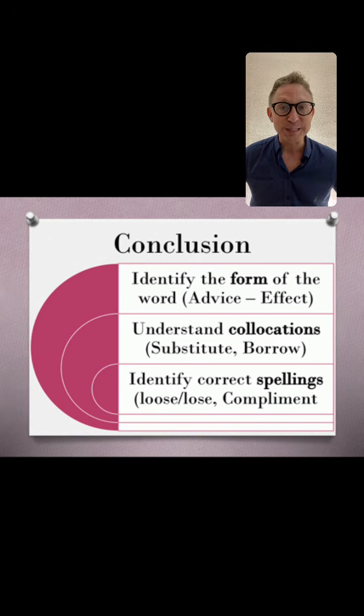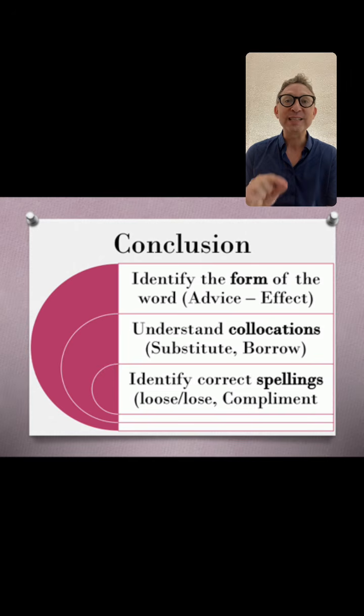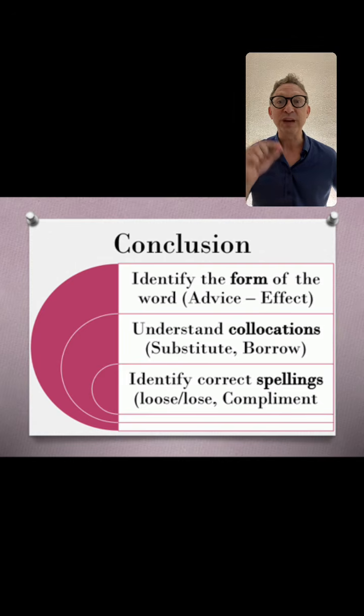And then finally the spelling: loose, lose, complement, compliment. The spellings can also help, and also advice, advise, affect, effect. Know your spellings with these closely paired words. Memorize them. You've got to just focus on them. When they're so closely spelled, you've got to pay extra attention to the spelling.